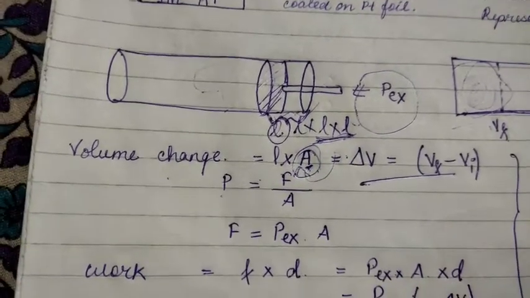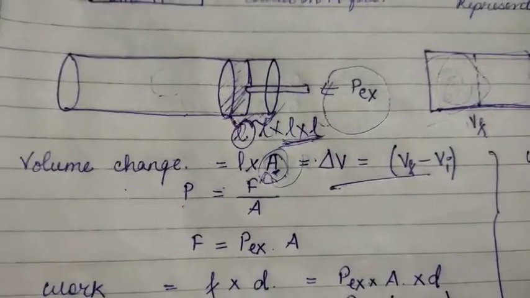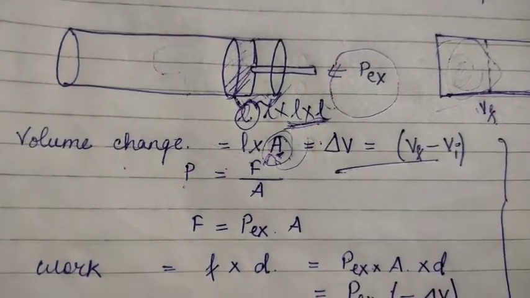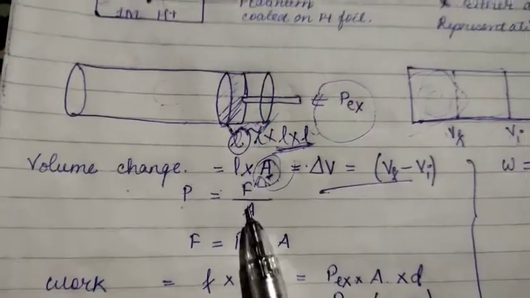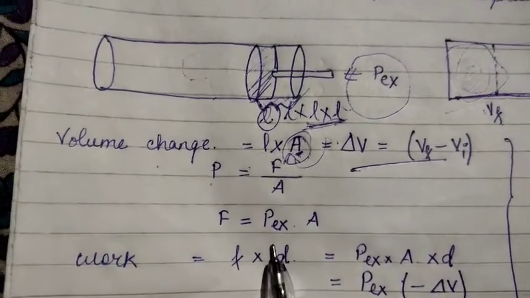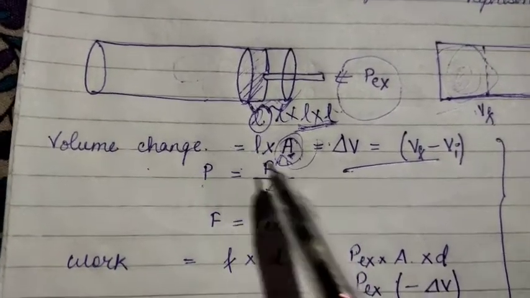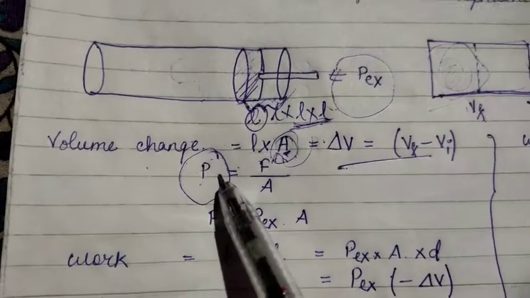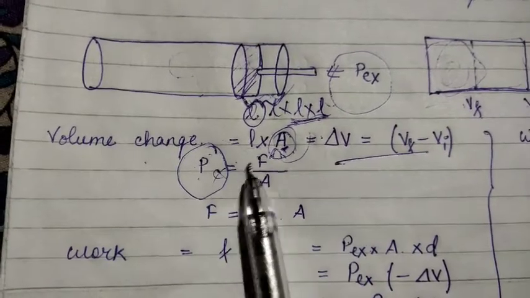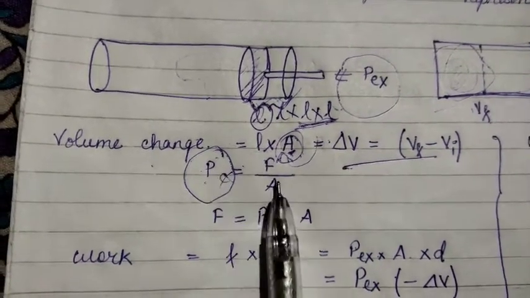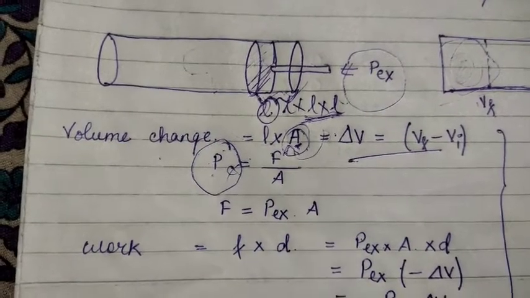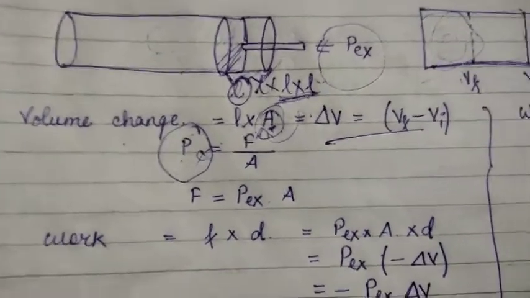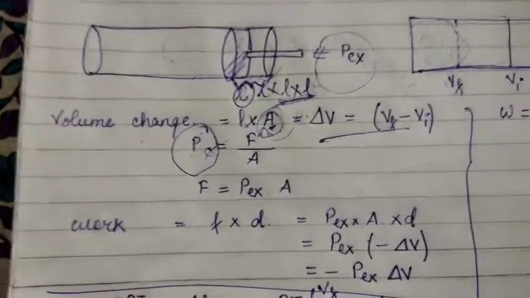Next, pressure. The pressure formula is force by area. Is it clear? Now force is equal to P external. Suppose it is P external, then force equals P external into A. Now work is defined as force into displacement.